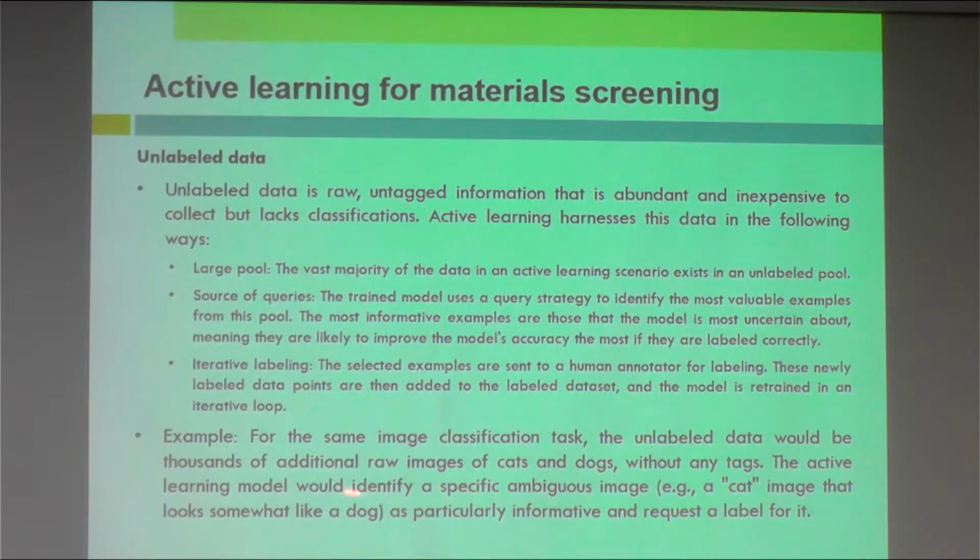And the active learning model would identify a specific ambiguous image, for example, a cat image that looked somewhat like a dog, as particularly informative and request a label for it. So if it's ambiguous, the active learning query process is to identify whether it's a cat or a dog to be a label.